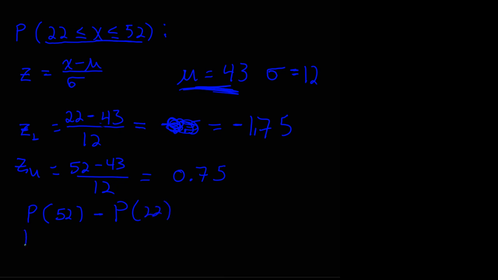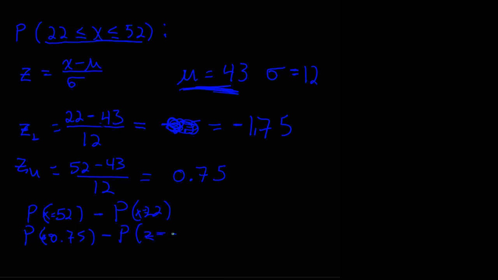In this case, those z-scores translate to the probability of z equals 0.75, and this should be x equals, I'll just cram those in, minus the probability of z equals negative 1.75.